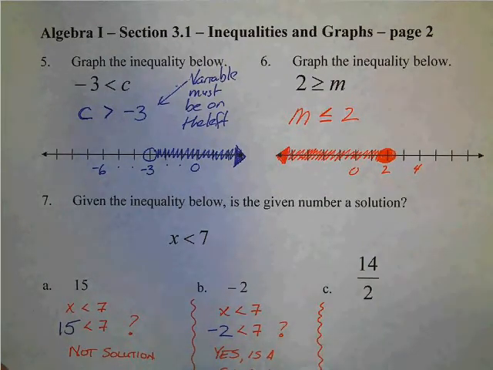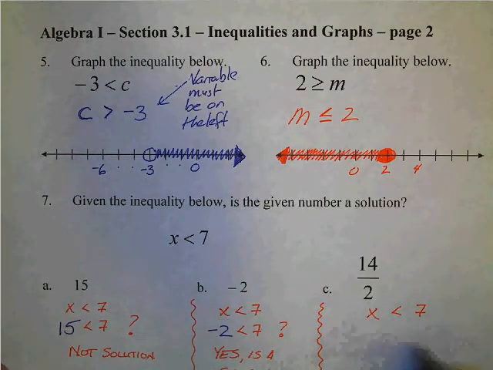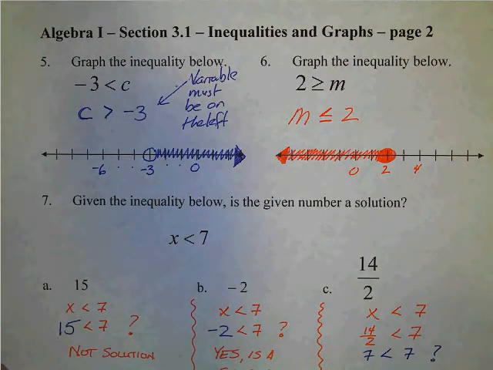Lastly, once again, we have x is less than 7 as our general inequality. Is 14 over 2 less than 7? Well, 14 over 2 is 7, and is 7 less than 7? 7 is equal to 7, but it's not less than. So this is not a solution.